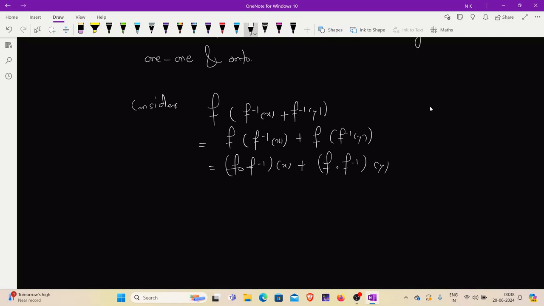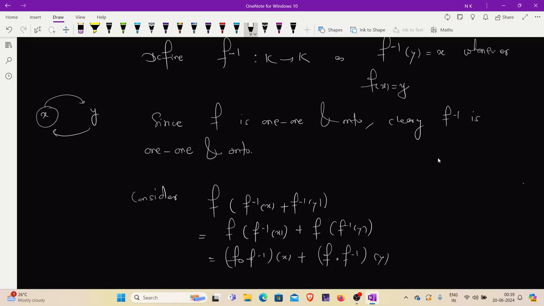What is f∘f inverse? So f∘f inverse of x is nothing but f of f inverse of x, but as per the definition, you can easily find that f inverse of y is x whenever f of x equals y. So x maps to y implies y maps to x under the inverse, so simply the image will be x, right?